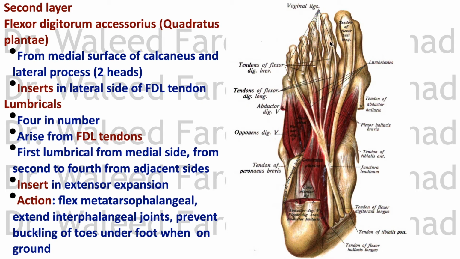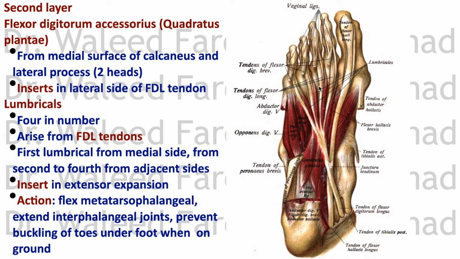So actually they flex only at the metatarsophalangeal joint and extend the interphalangeal joints. This prevents the buckling of toes under the foot when you take a step, when you put your foot on the ground.